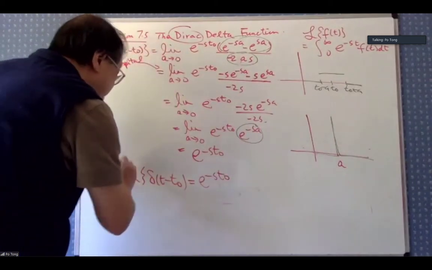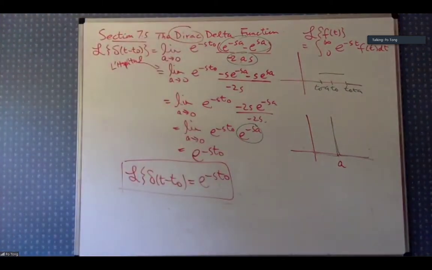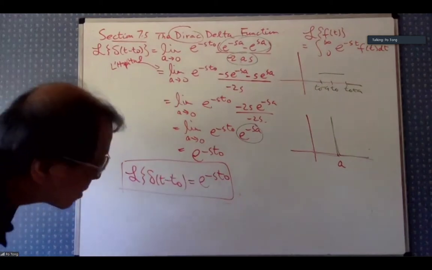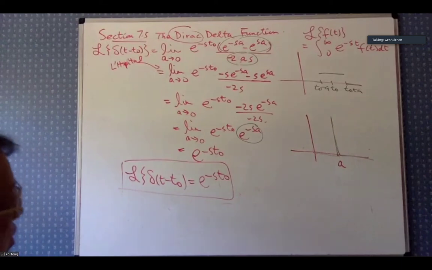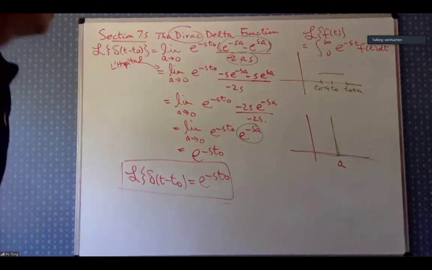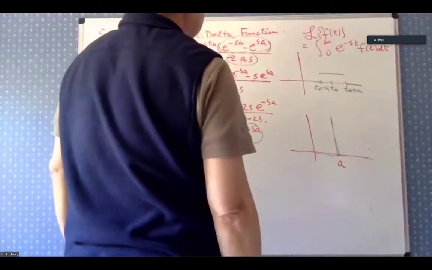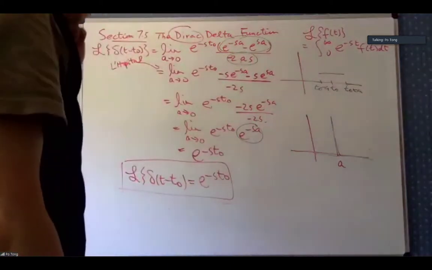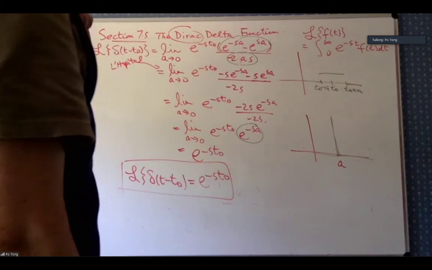Professor? Yes. The e to the negative sa and e to the sa, they cannot combine together, right? Maybe not yet.